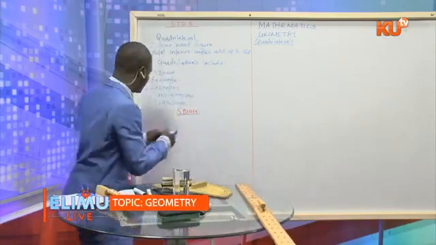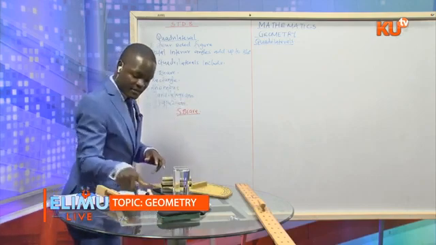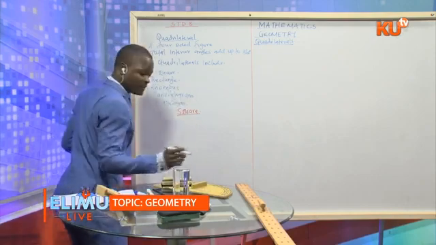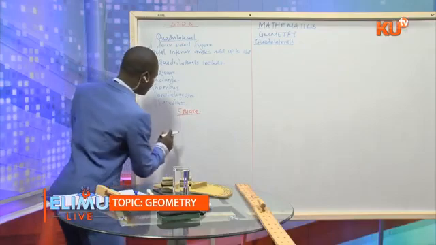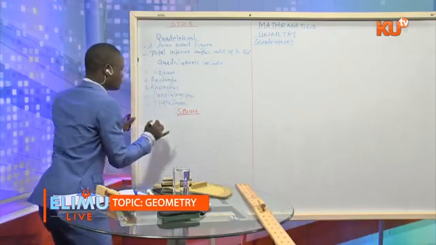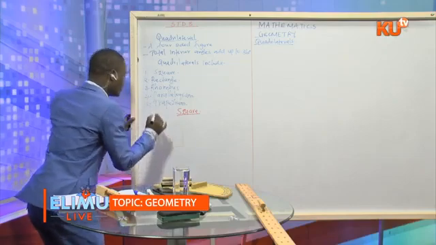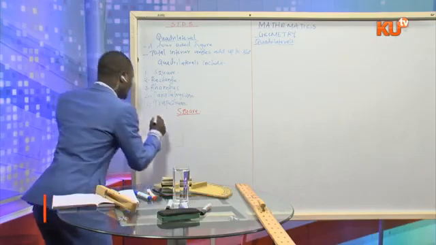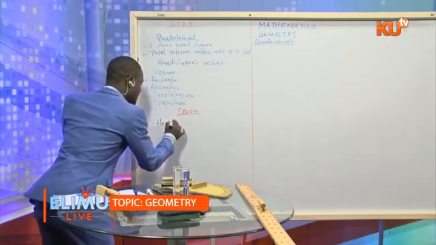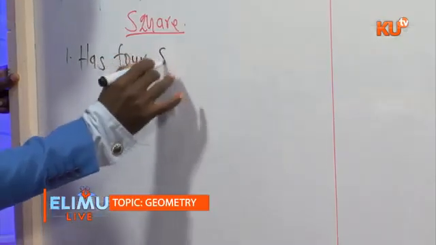Let me give you the properties first. Then I'll draw it later using the compass and protractor, so that I can draw a well-drawn diagram. The first property of a square is that it has four sides.